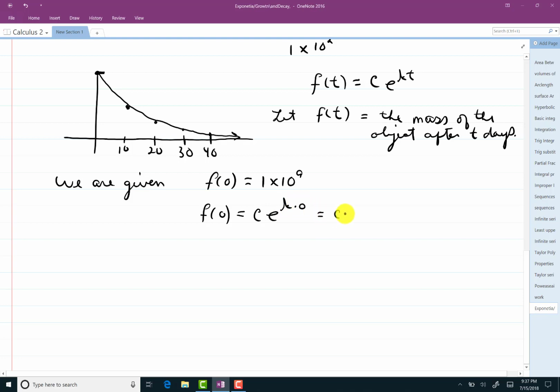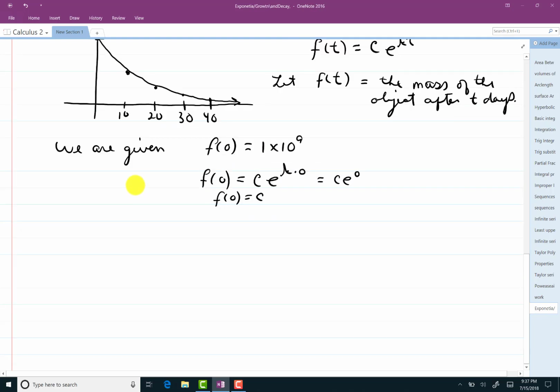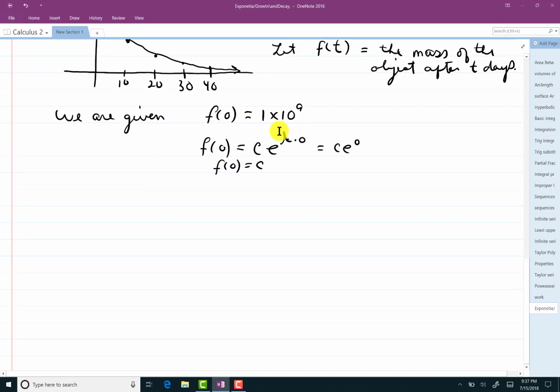But that's c e to the 0, and e to the 0 is 1. So I know that f of 0 equals c. So that means my f of t takes the form of 1 times 10 to the 9th e to the kt.